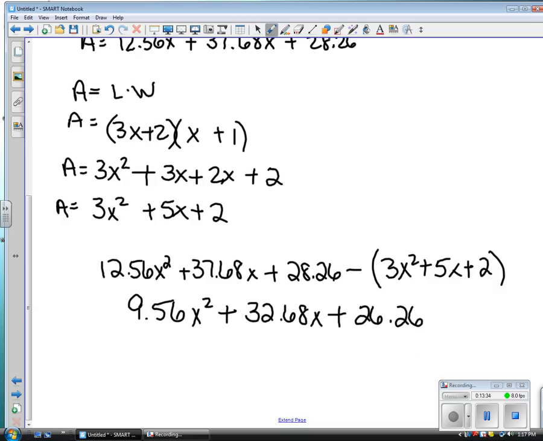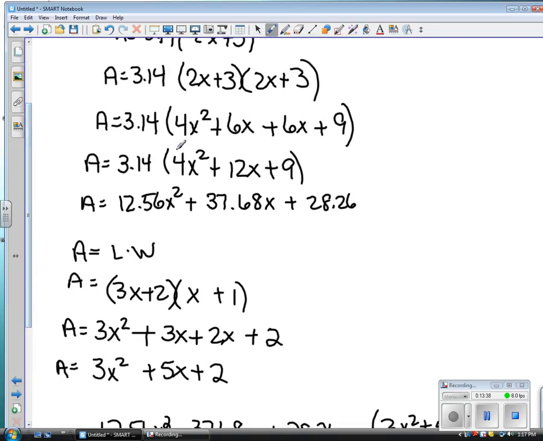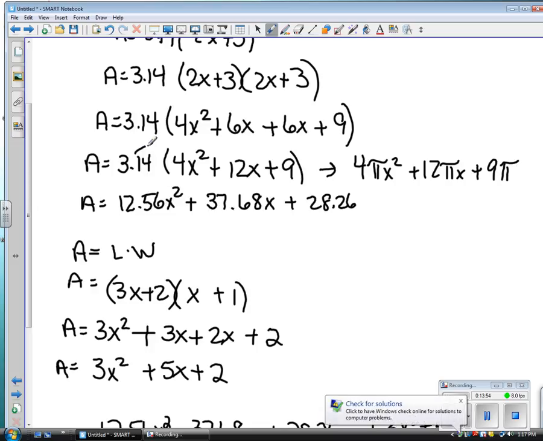Now, I will tell you, if any of you looked in the back of the book, when they got here, they kept pi as the character pi. So they wrote it as 4 pi x squared plus 12 pi x plus 9 pi. They just distribute it, but they kept the character.